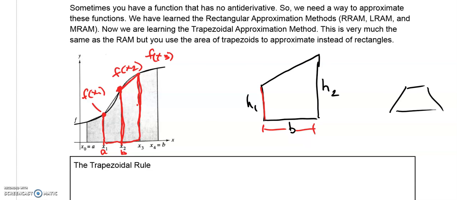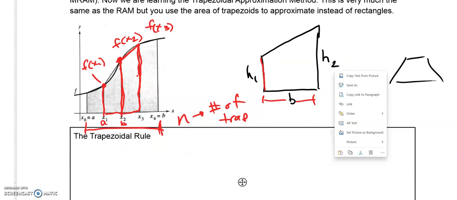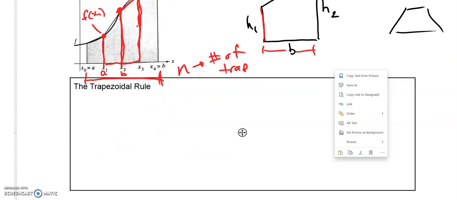And the number of trapezoids you break up would be considered n. Right? That would be the number of trapezoids. So now let's look at this rule coming from these ideas of the area of one single trapezoid.